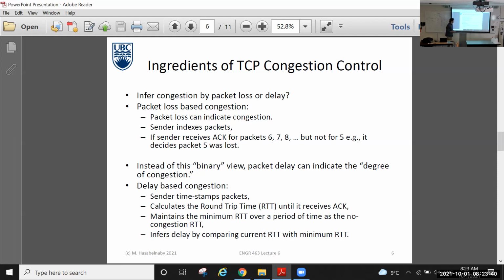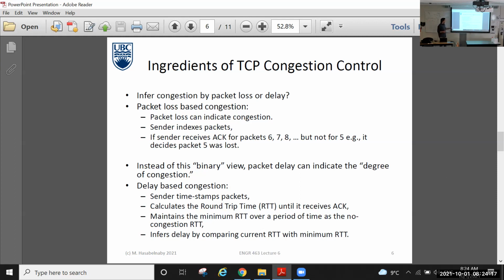In delay based congestion, the sender timestamps packets. For example, the sender will measure the round trip time during an idle channel, when no congestion is happening in the channel, and this will be held as the minimum round trip time. We don't have congestion, so the time between sending the first packet and receiving its acknowledgement is very small.